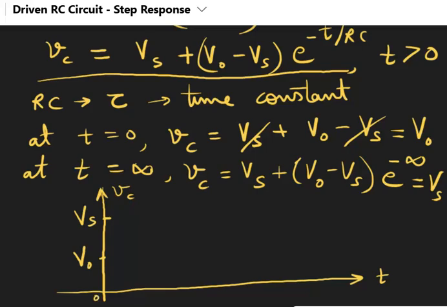So at t equals 0 it is V0. So the capacitor will start charging here, and since Vs is greater than V0, it will charge exponentially and reach Vs when t is infinity.